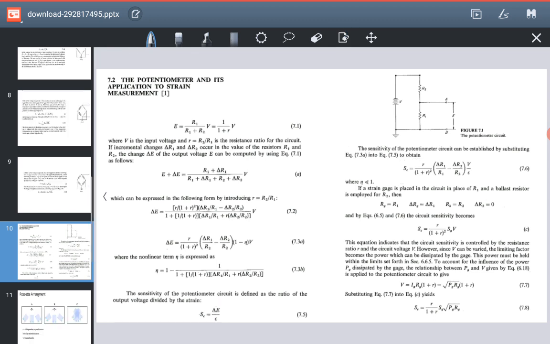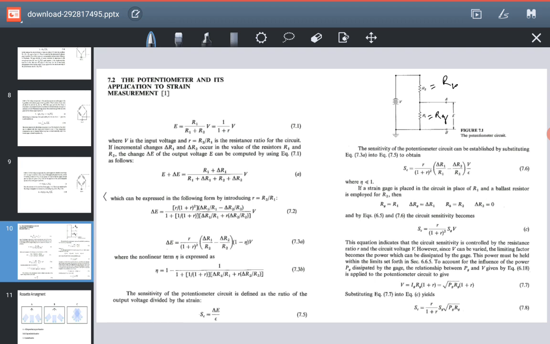Now they are saying consider a case in which R1 is replaced with Rg, the resistance of the strain gauge itself, and R2 is the ballast resistor. So the ballast resistor is actually a resistor that limits the amount of current in the circuit.